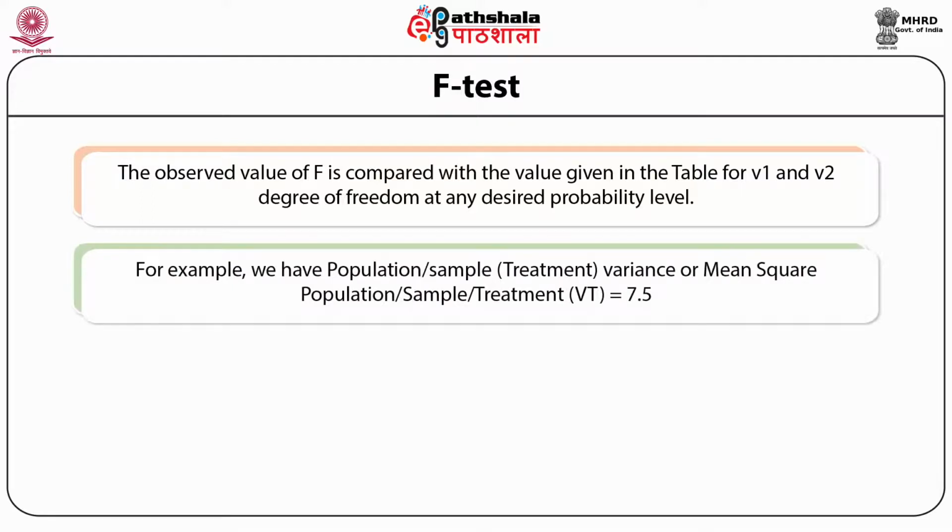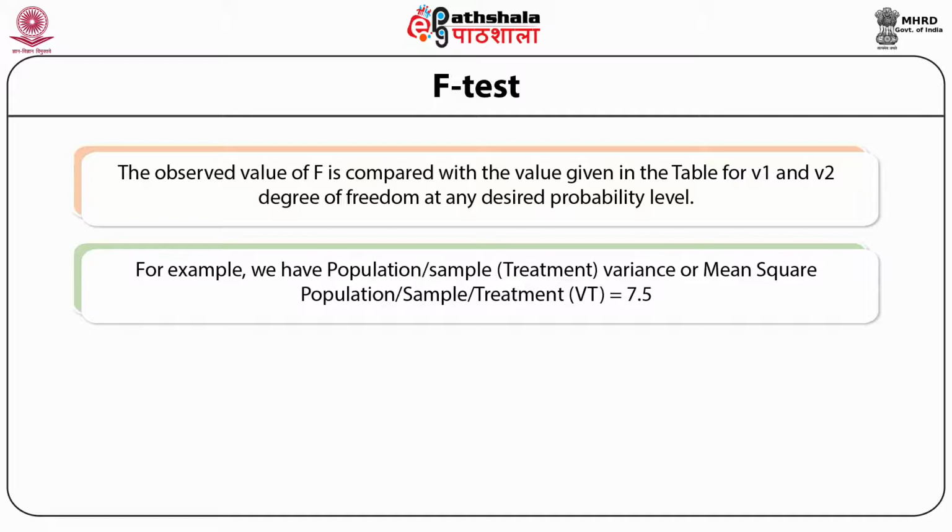Let's take an example. The population variance or the mean square population variance is equal to 7.5 and the error variance or mean square error is 3.5. Then F calculated is equal to 2.4 because it is the ratio of Vt over Ve, or 7.5 over 3.5.